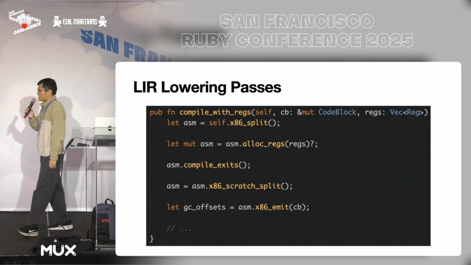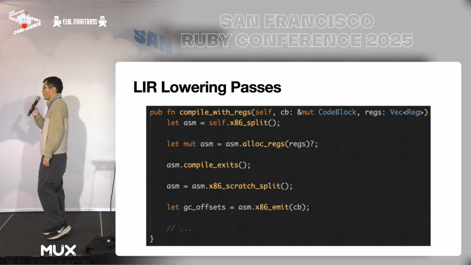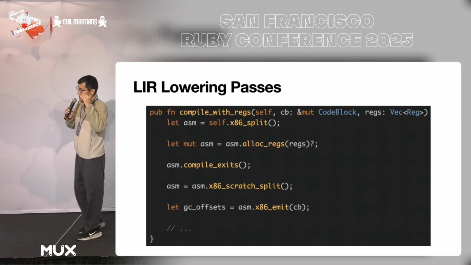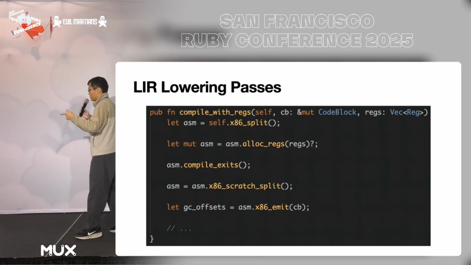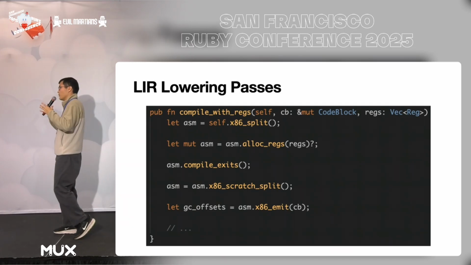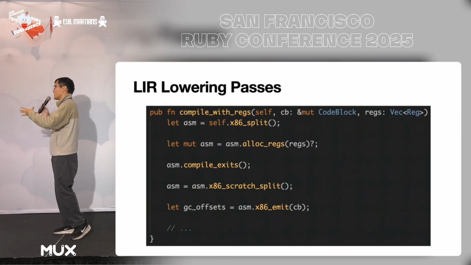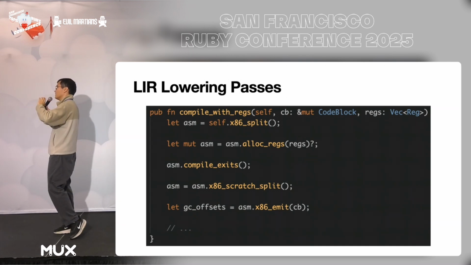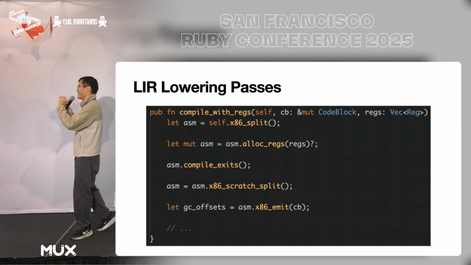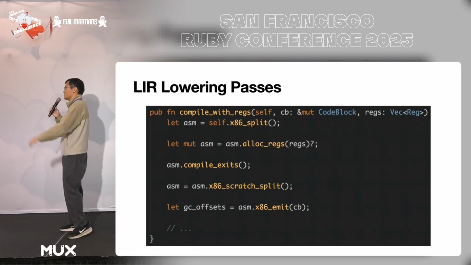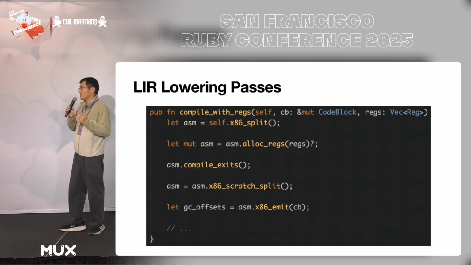We have some more passes than YJIT now. So the first pass is split, and we just split instructions into multiple instructions sometimes to allocate registers for instructions that cannot be encoded with the same operand as is. Sorry, it's a kind of minor detail, but then we allocate registers, which is a nice optimization, by the way.